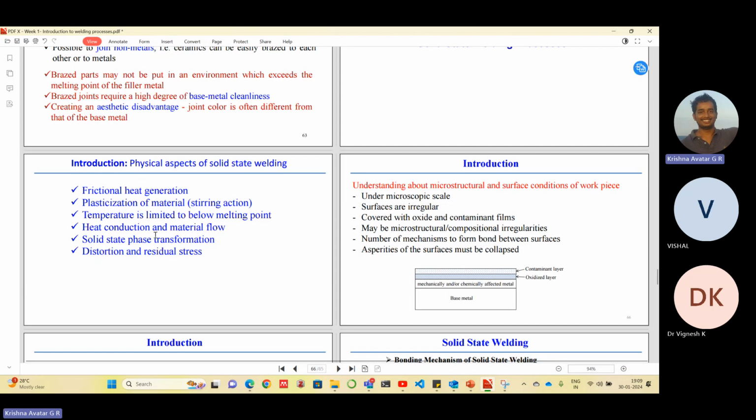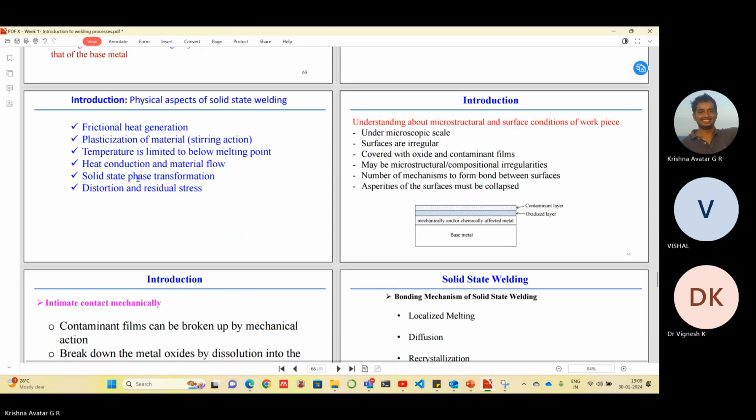We also have plasticization of material, which is because of the stirring action, and the temperature is limited to below the melting point, and there would be heat conduction as well as solid state phase deformation. It could also lead to distortion and the formation of residual stress in the welded material.